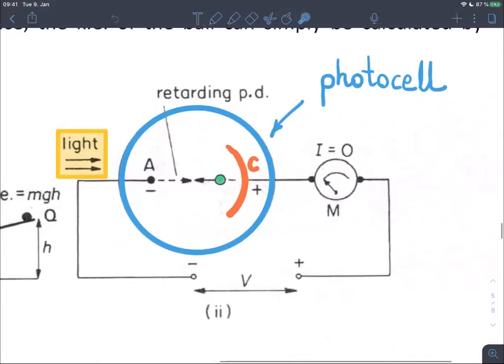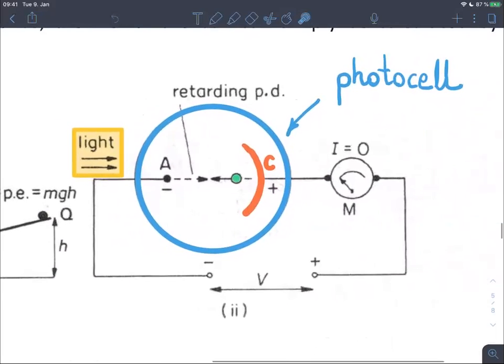On the other hand, we could increase the reverse voltage across the photocell sufficiently such that even the most energetic electron will not be able to reach terminal A. And how can we know that no electron is reaching A? Of course, electrons are invisible to the naked eye.